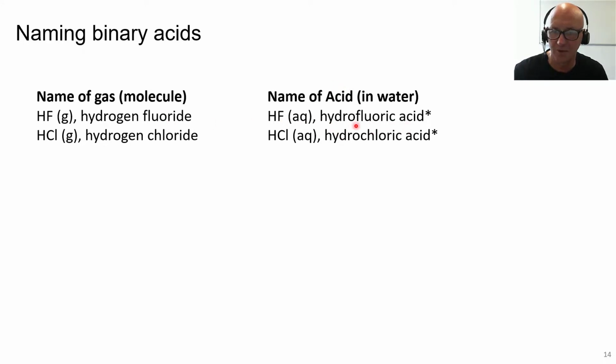Notice the name change there. For HCl, that's what you buy when you're balancing the pH for your pool. That's hydrochloric acid. So you don't go in and buy hydrogen chloride, or at least I hope you don't, you go into the shop and you actually buy a solution of this that's been bubbled through water, forming hydrochloric acid.